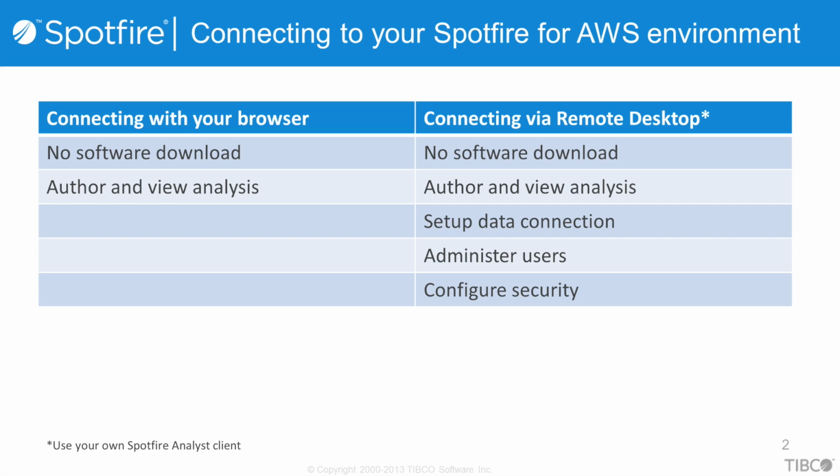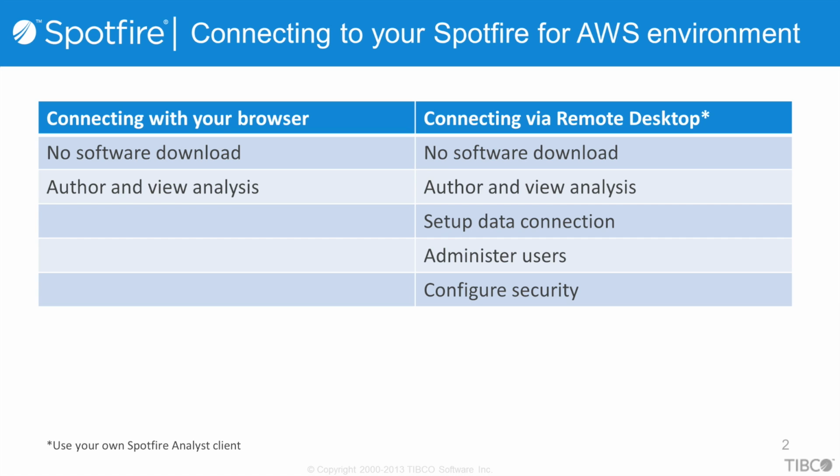While the image is launching in the background, this will be a great time to review the different ways you can connect to Spotfire for AWS. You have two options. You can connect with your browser or connect via remote desktop. Both options do not require you to download any software or install it on your PC. If you choose to connect with your browser, you'll be able to create new analysis or view them just over the internet.